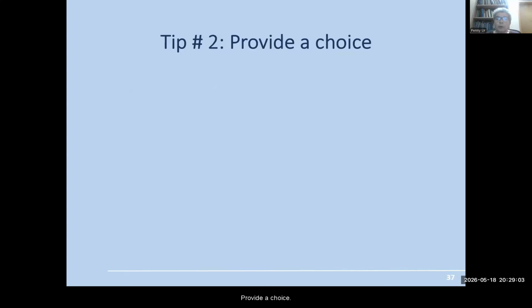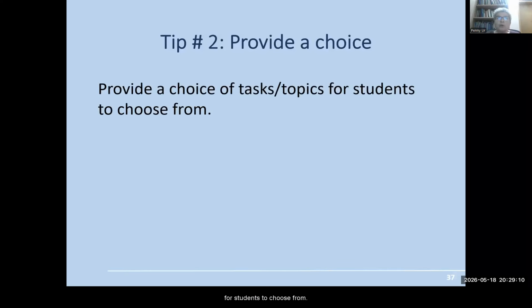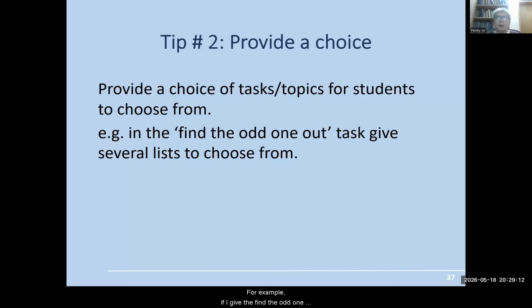Tip 2, provide a choice. Okay, so a choice of tasks or topics for students to choose from. For example, if I give the find the odd one out, instead of giving one sentence, I might give 3 or 4 sentences and say, choose whichever one you want to do and work on that, instead of just giving one, which they have to work on. So that gives them a little bit of choice.